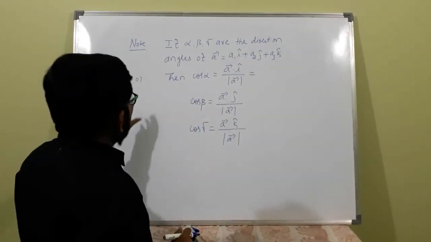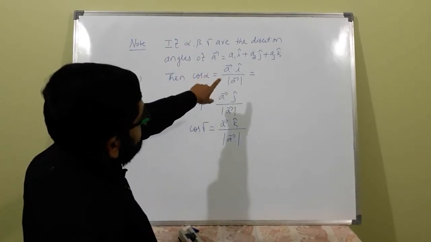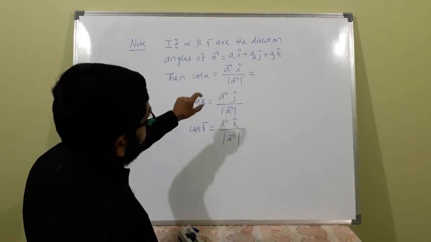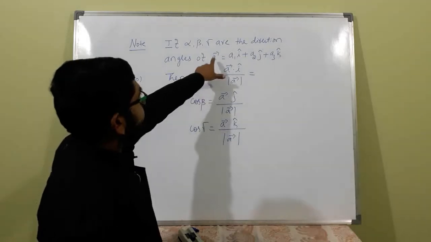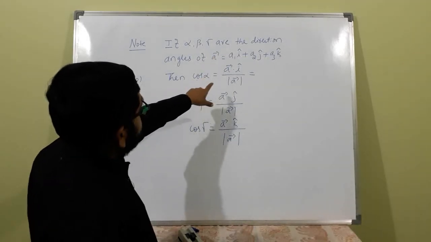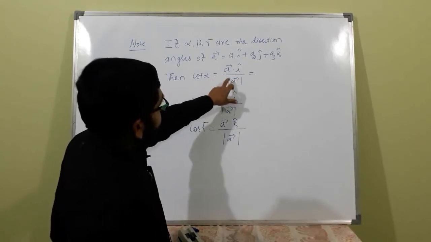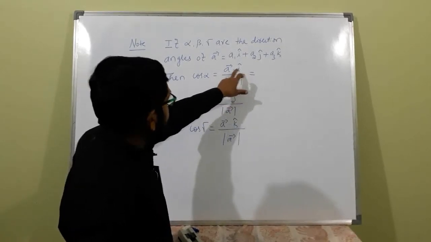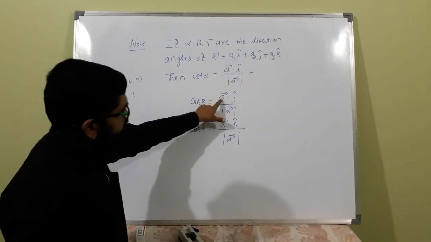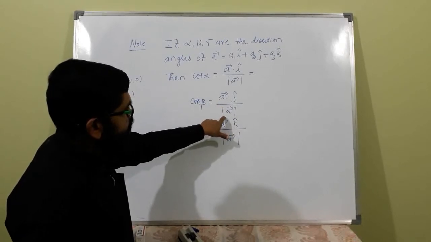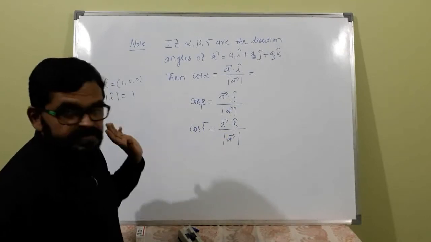Okay, so here cos alpha is A dot i divided by magnitude of A into magnitude of i, and magnitude of i is 1, so you need not write that. Similarly, cos beta is A dot j divided by magnitude of A. Cos gamma is A dot k divided by magnitude of A.